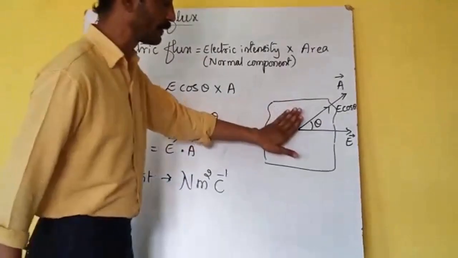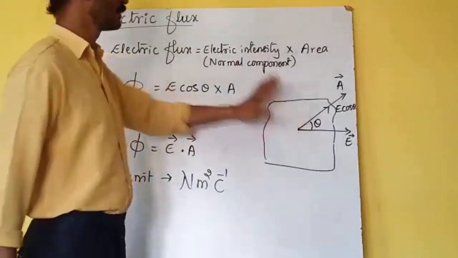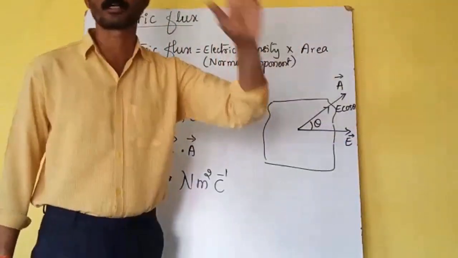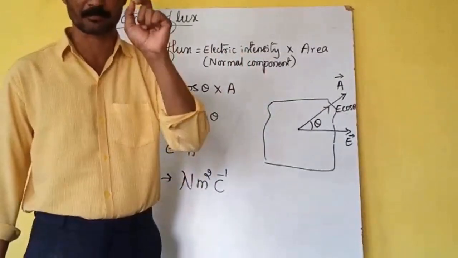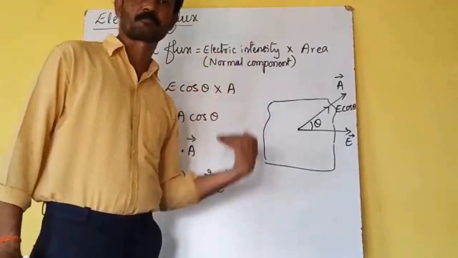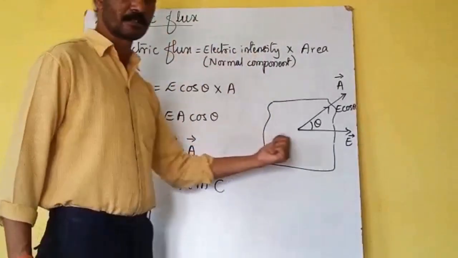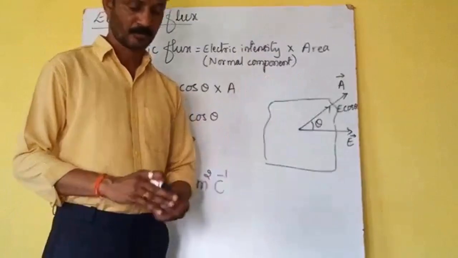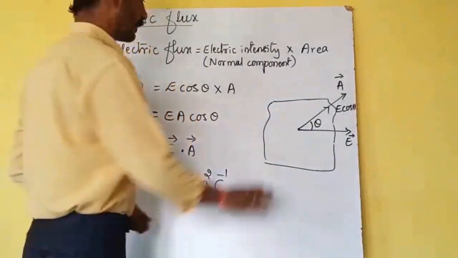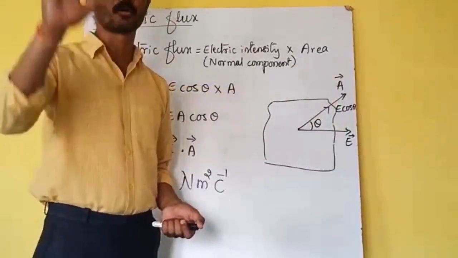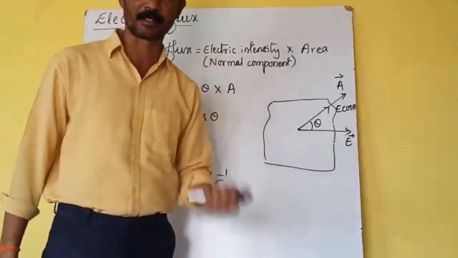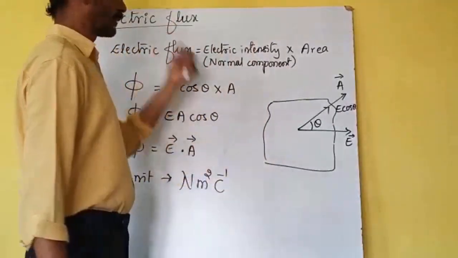Means from any given surface, if the electric flux is outward directed, it is taken as positive, and inward directed to the surface is taken as negative. Electric flux is positive for outward directed flux from the surface, and negative for flux directed towards the surface.